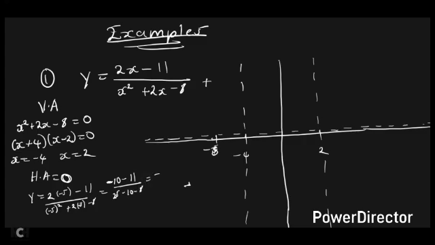So that's negative 21 over 25 minus 18, which gives you positive 7.